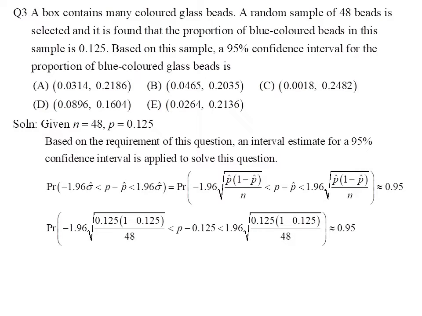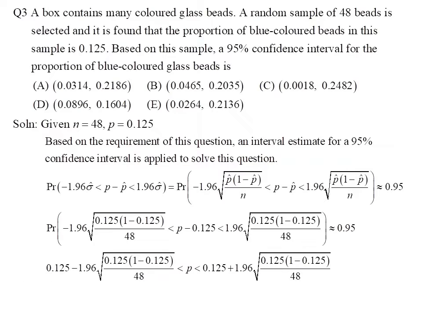After substituting 0.125 for p and 48 for n, we calculate the interval based on the sample size 48, the sample proportion 0.125, and the 95% confidence interval for the population proportion p, which is within the open interval between 0.031439 and 0.218561. So our answer for question 3 is A.